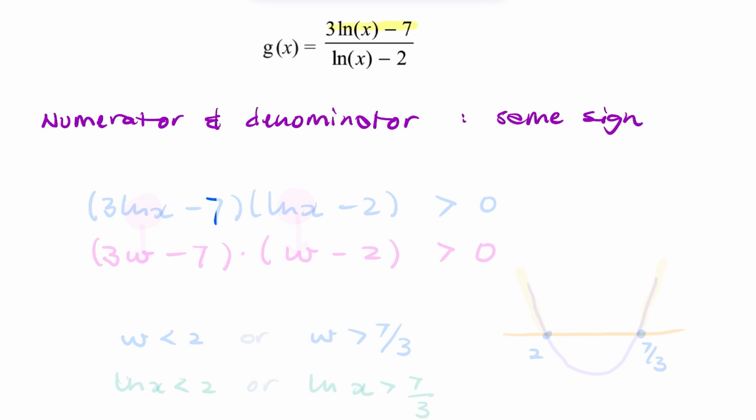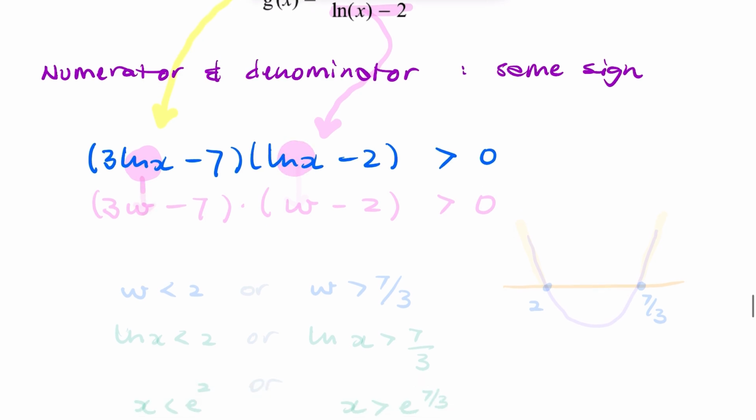So I'll say 3 ln x minus 7 times ln x minus 2 is greater than 0. That sort of looks like a quadratic if you were to replace that with some other variable.